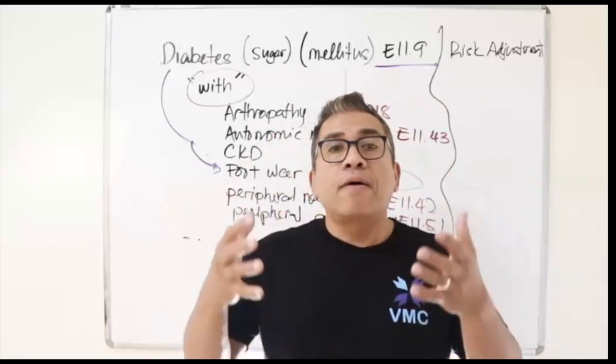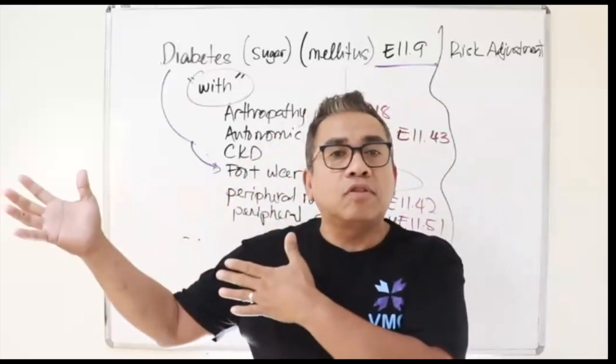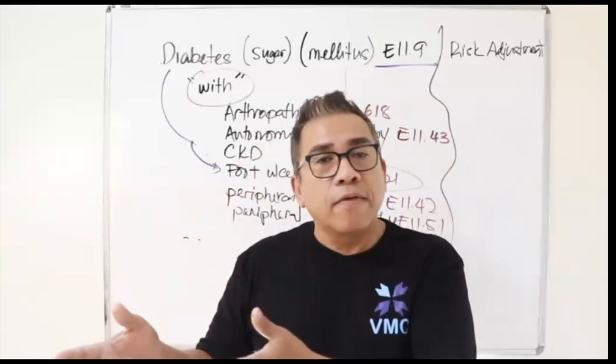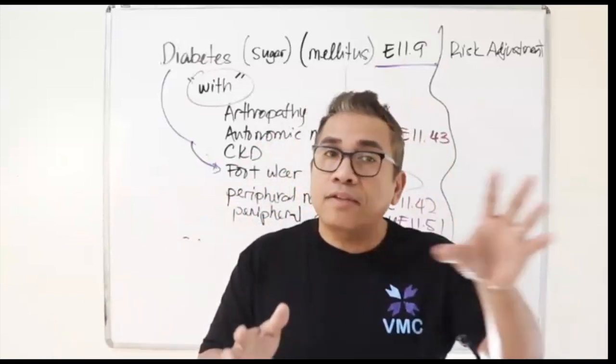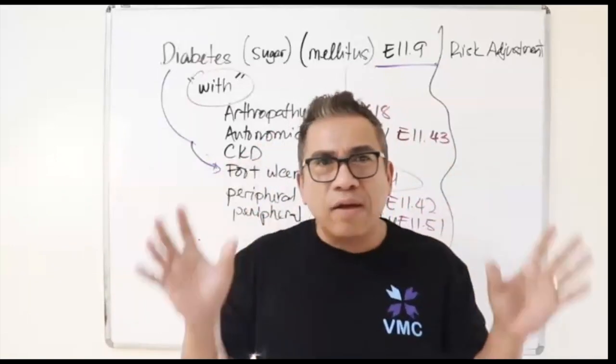If they report all these chronic conditions, they submit this information to Medicare. The sicker the patient, the higher the reimbursement is awarded to the provider. So that's how it goes.